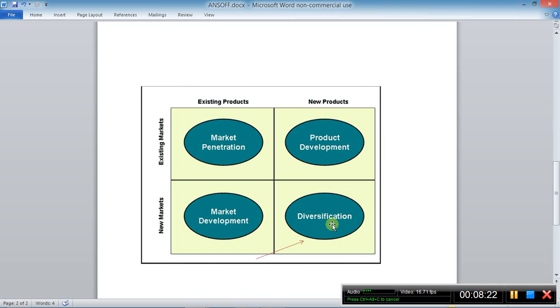A mix of these strategies would obviously depend on a company's appetite for risk. It would also depend on where the company is currently in terms of growth and what its plans are for future growth.